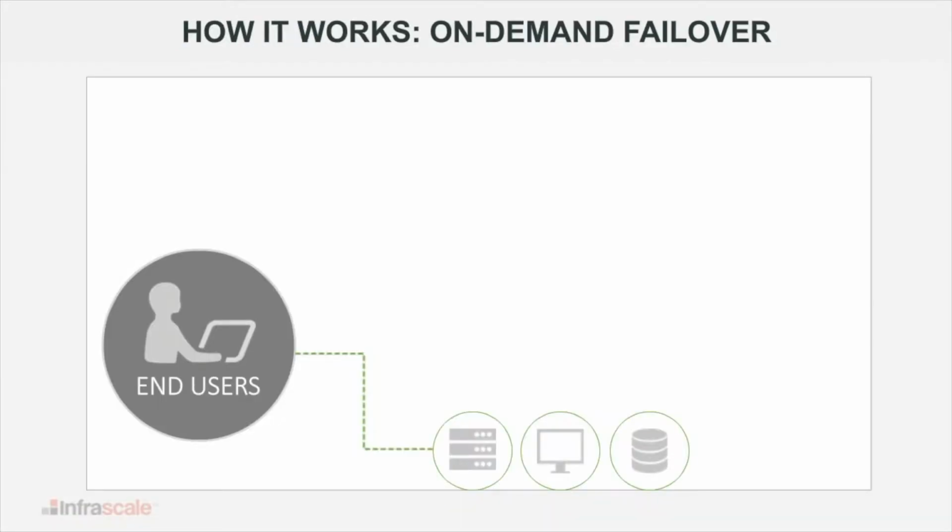But next, let's look at an actual scenario. So we know DRaaS is going to support DR to be on-demand, push-button failover, but let's really see how it works. So in this situation here are some end users working on their production systems. So to see how it works, let's go ahead and install the Infrascale Disaster Recovery solution. It's that hybrid cloud solution like I just mentioned on that last slide.